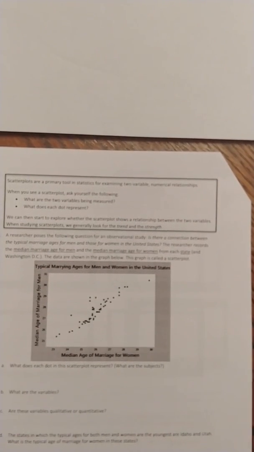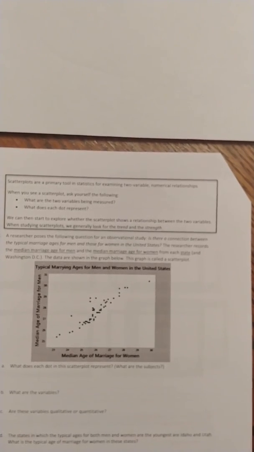All right, so here it says scatter plots are a primary tool in statistics for examining two-variable numerical relationships. When you see a scatter plot, ask yourself the following. What are the two variables being measured? And what does each dot represent? A researcher poses the following question for an observational study.